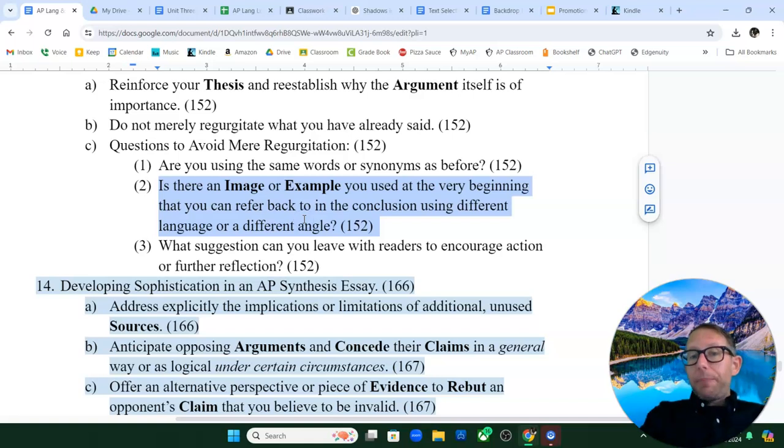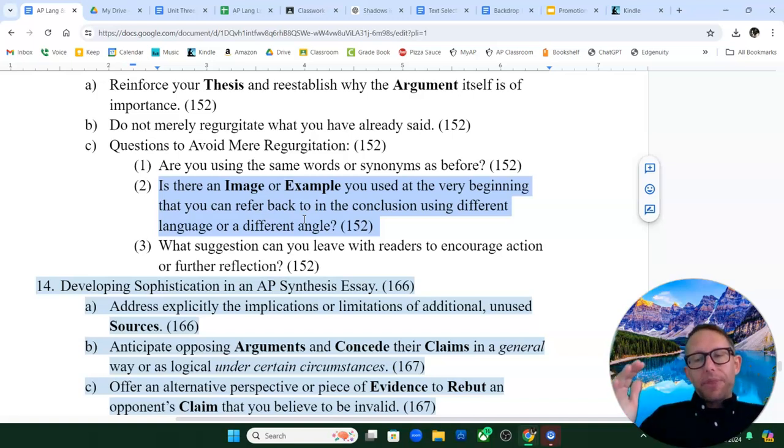Is there an image or example you used at the very beginning that you can now refer back to in the conclusion using different language or a different angle? And that's a really cool suggestion, I think, in that case, because it's almost like you present the image halfway back in that introduction, and now you're going to present the second half in the conclusion, okay?